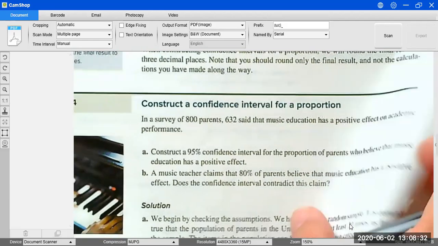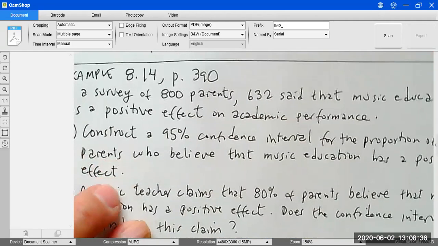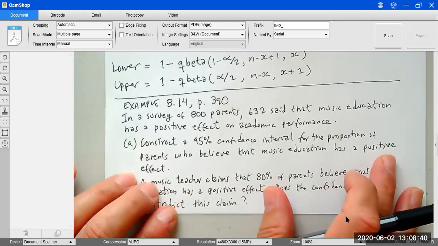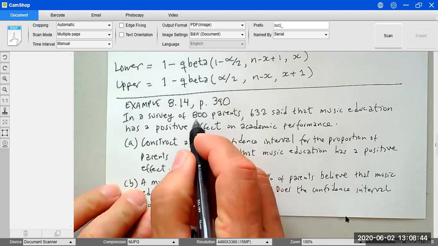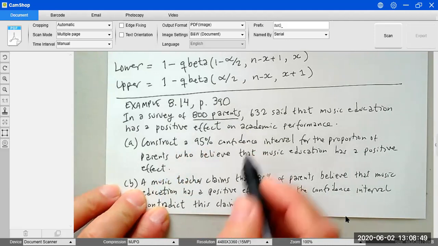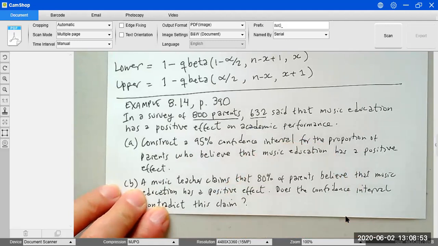So we're going to solve this problem now. I just wrote the problem here for your notes. So that's example 8.14. We're going to have here the number of trials, that's n, 800 parents, and the number of successes, x equals 632.